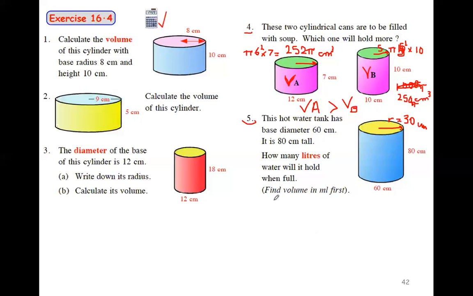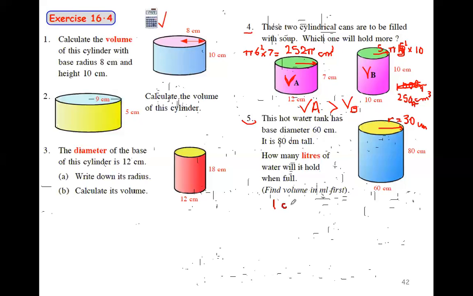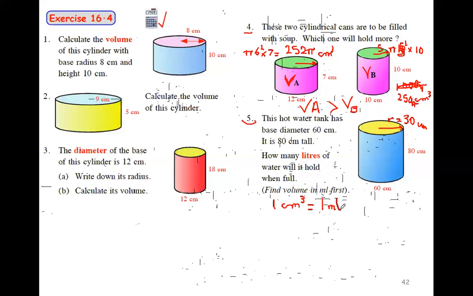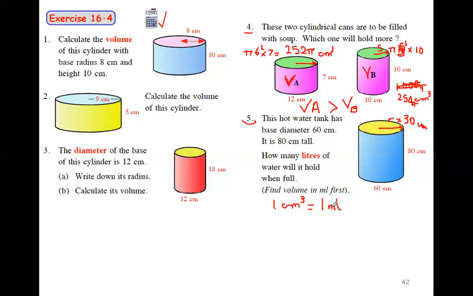So that you know, 1 centimeter cube equals 1... how do we say 1,000 in French? Mille. Mil, yeah, mil. So milliliter comes from the Latin word for 1,000, which is 1,000th of a liter.